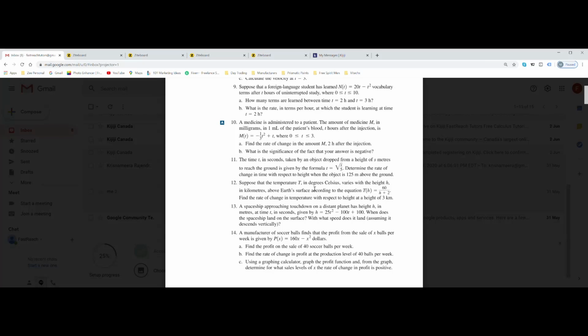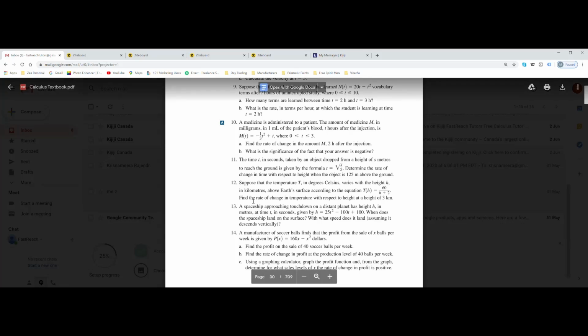Suppose that the temperature T in degrees Celsius varies with height in kilometers above Earth's surface according to the equation 60 over h plus 2. Find the rate of change in temperature with respect to the height of 3. So you have to find the instantaneous rate, by finding the limit.